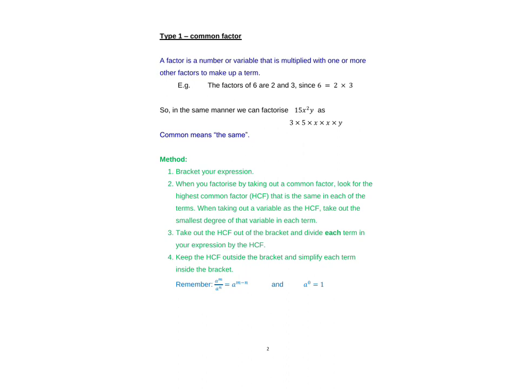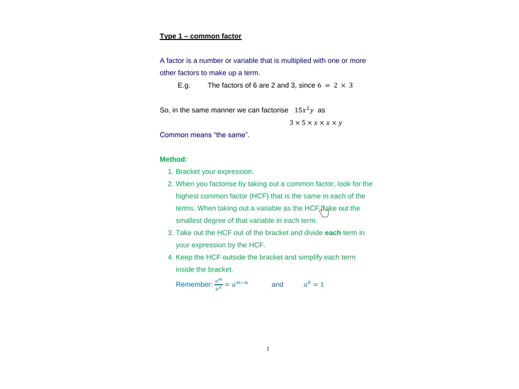Now the method, you bracket your expression. You're going to see me do it in the examples just now. And so you need to write these notes down. Sorry for interrupting myself. You need to write these notes down into your book so that you know the steps and can have easy access to it. You have to look for the highest common factor.